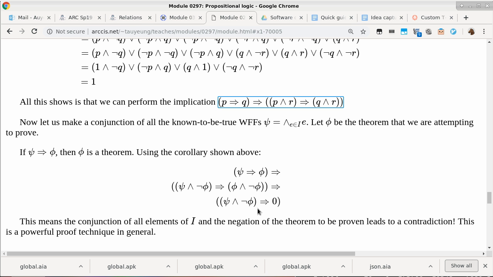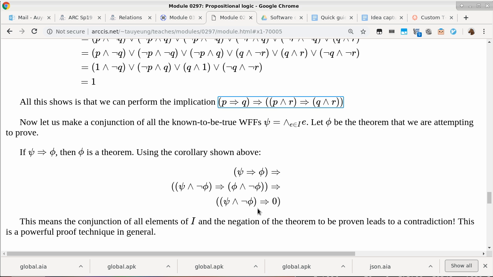So now we can say psi and not phi implies phi and not phi. I'm just attaching and not phi to both sides of the implication. Is that okay? We know this is okay because of the earlier proof. But now we have an interesting result here because phi and not phi is guaranteed false. Right? So that means psi and not phi implies false. Is that okay?